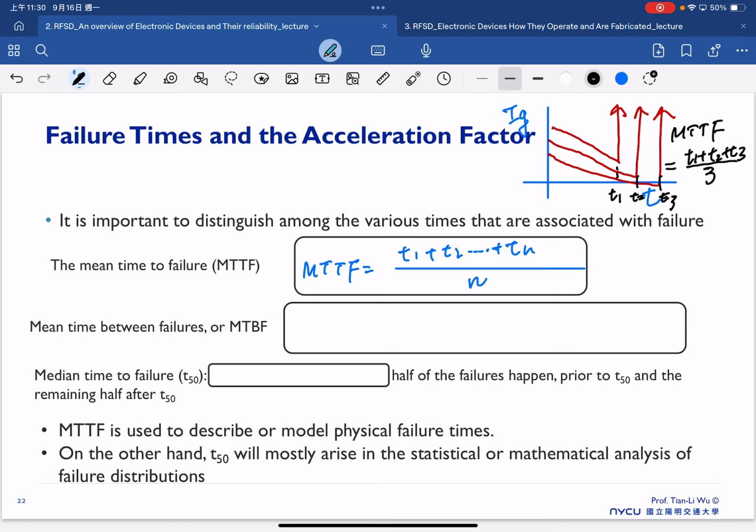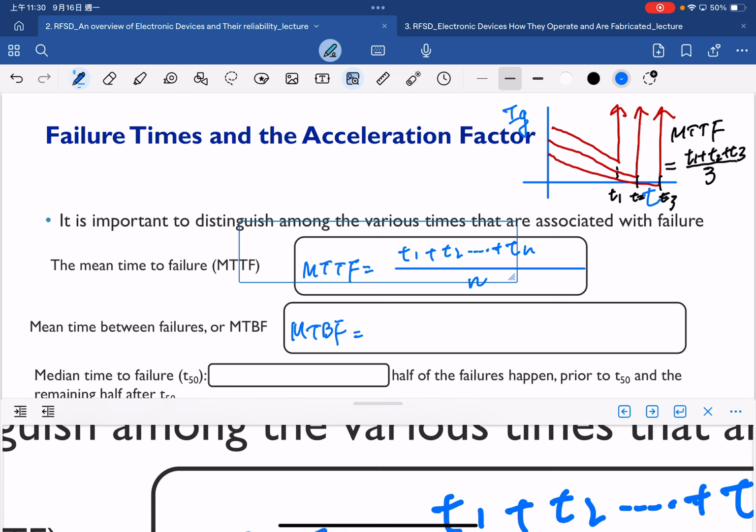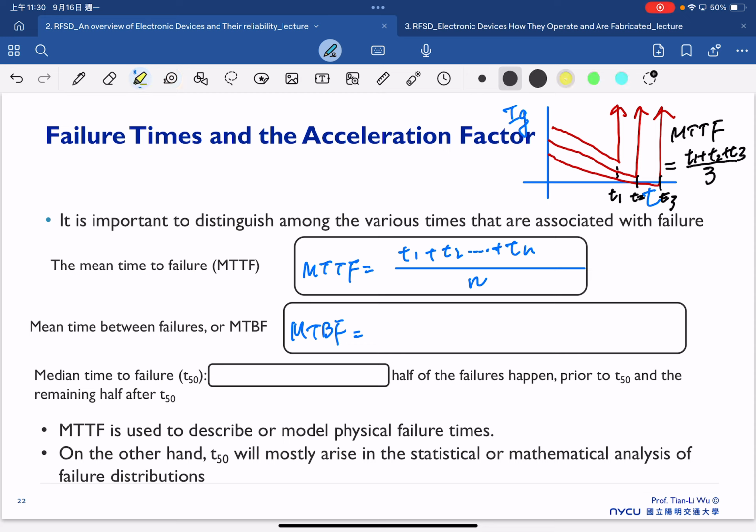On the other hand, there's a term we call the mean time between failures, MTBF. MTBF is equal to the difference between each failure.